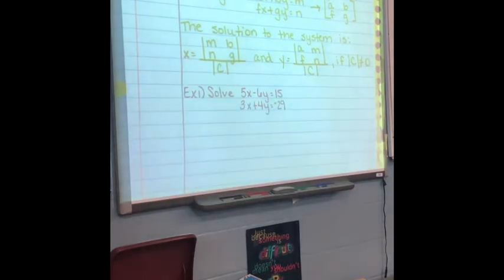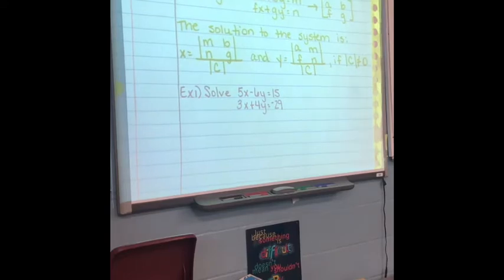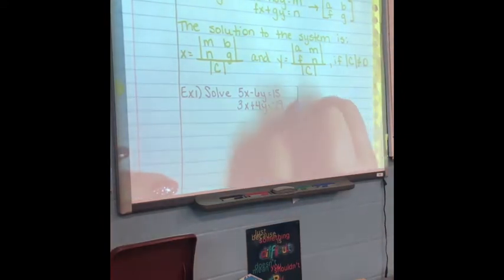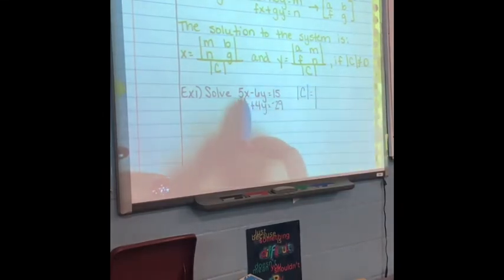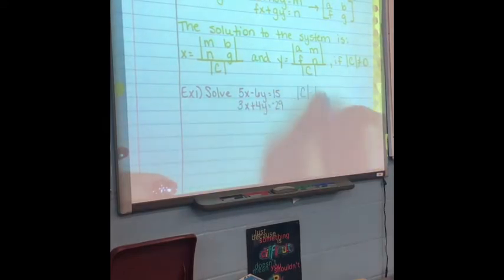So normally we would do substitution, elimination, something like that. This is a new way to solve the system without dealing with the x's and y's. So we'll start with finding the determinant of our coefficient matrix. And our coefficient matrix will include the coefficients 5, -6, 3, and 4.